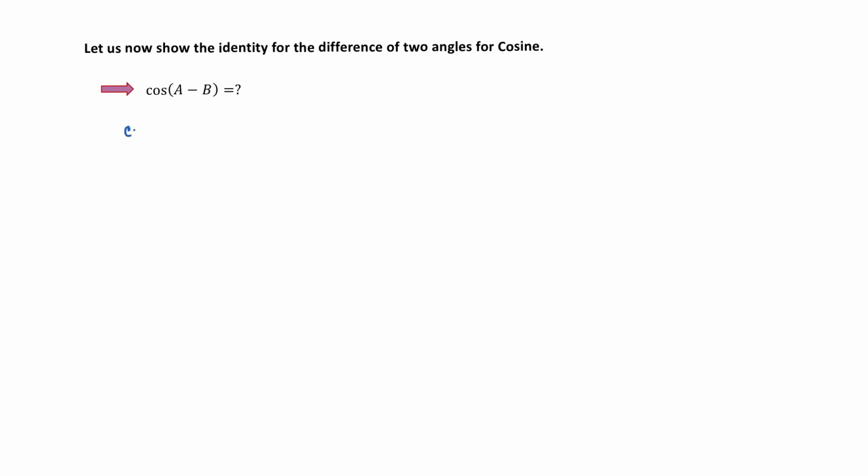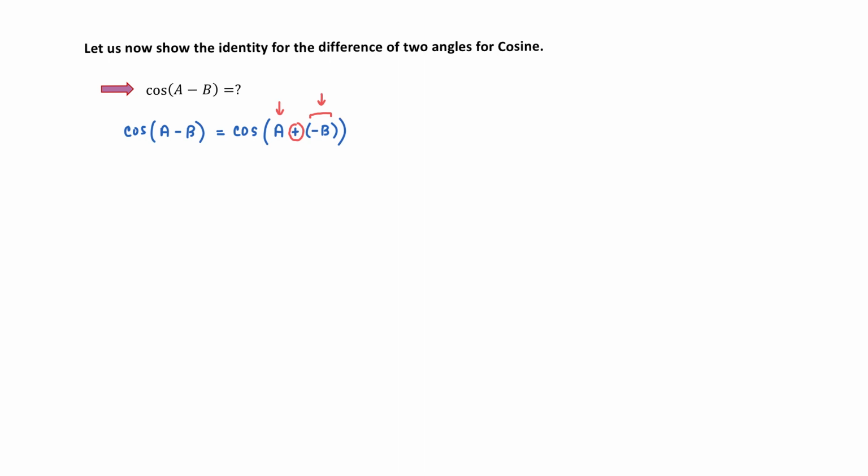So cosine of A minus B can be rewritten as the cosine of A plus negative B. And now look at this. Now I have a plus. I have the cosine of the sum of two angles. One angle is angle A, but the other angle will now be negative B. But I'm adding them, A plus negative B.